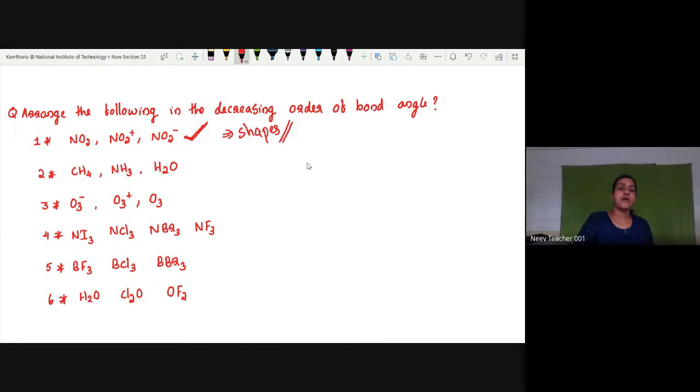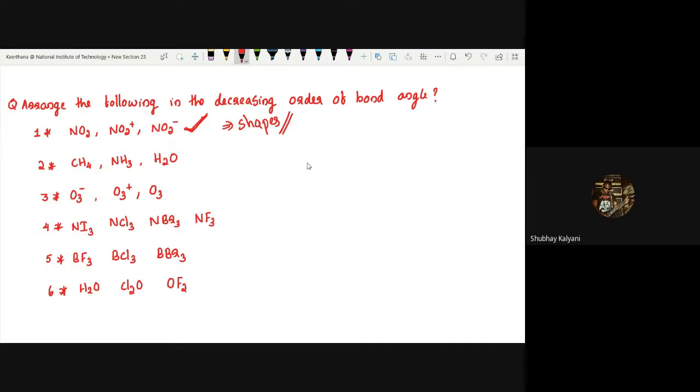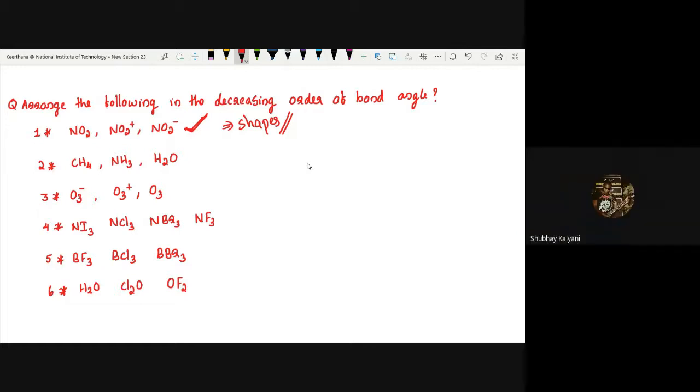So what is the shape of NO2, NO2 plus and NO2 minus? Ma'am, do we find these shapes using the VSEPR concept, or do we use Lewis?